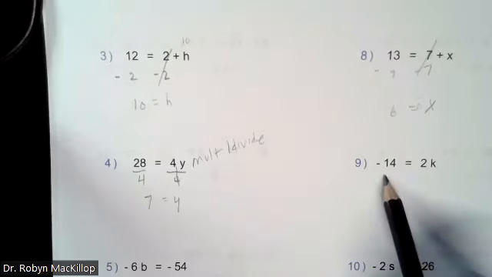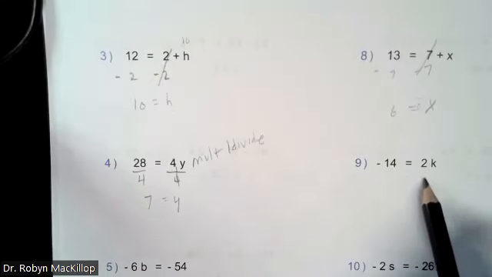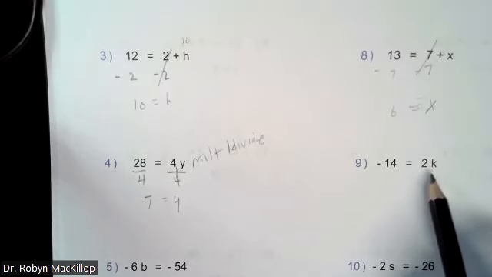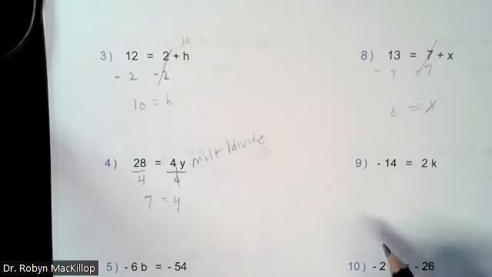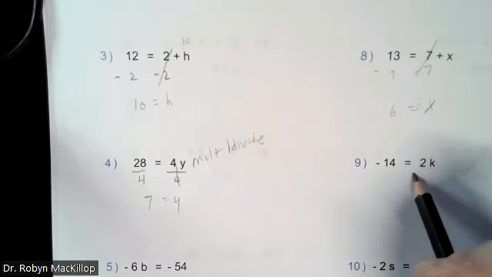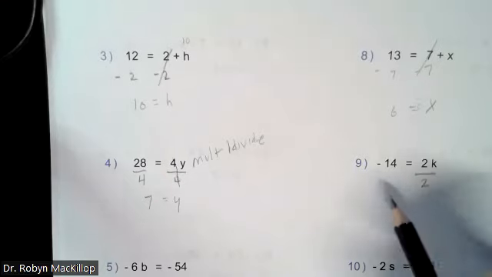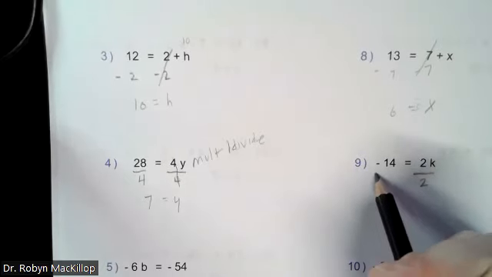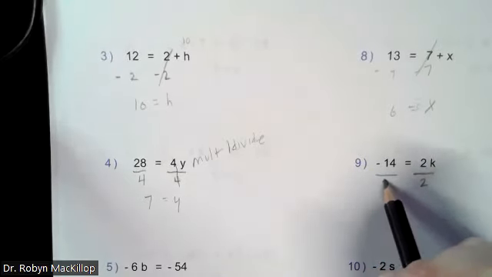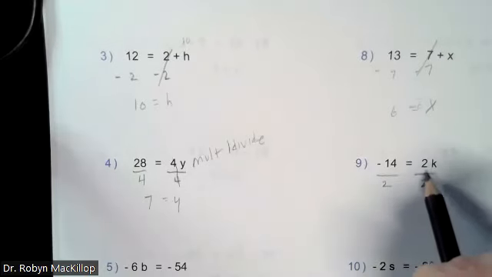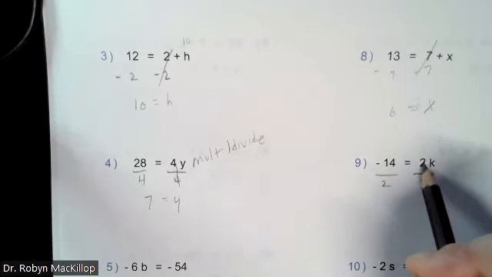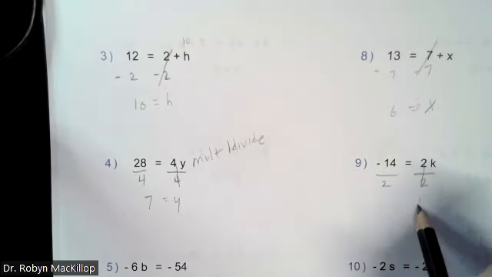All right, here we've got -14 equals 2 times k. We need to separate the number from the variable. This is a multiplication problem. So we're going to use division to get rid of the 2, which means we have to do the exact same thing over here. 2k divided by 2 is just k.